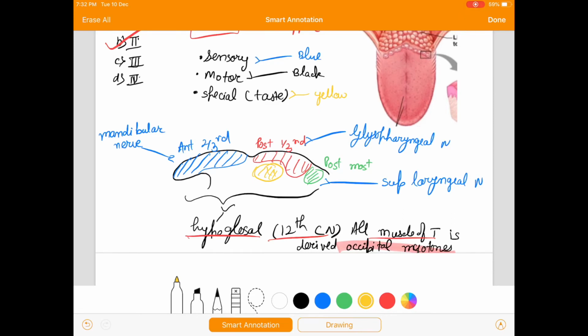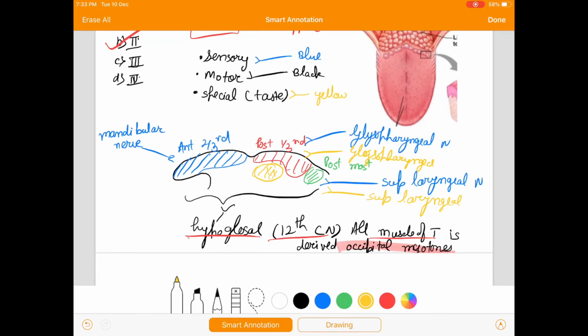Now let us move towards the special sense. Posterior 1/3 receive its special sense or nerve supply from glossopharyngeal. Okay, same as that of sensory. Even the posterior most part receive its nerve supply for special senses from laryngeal nerve.